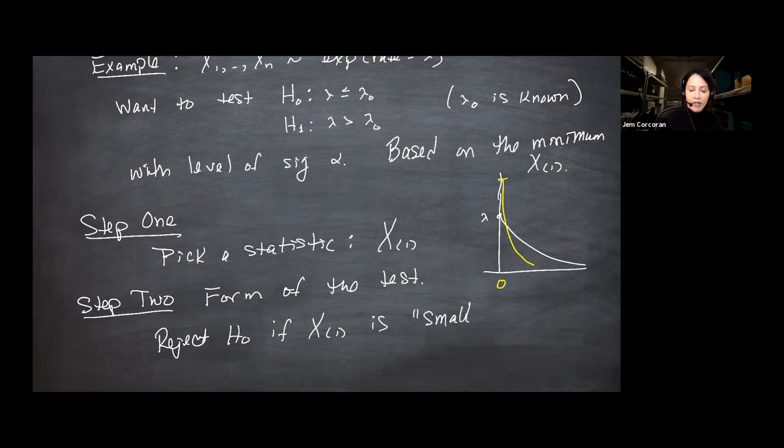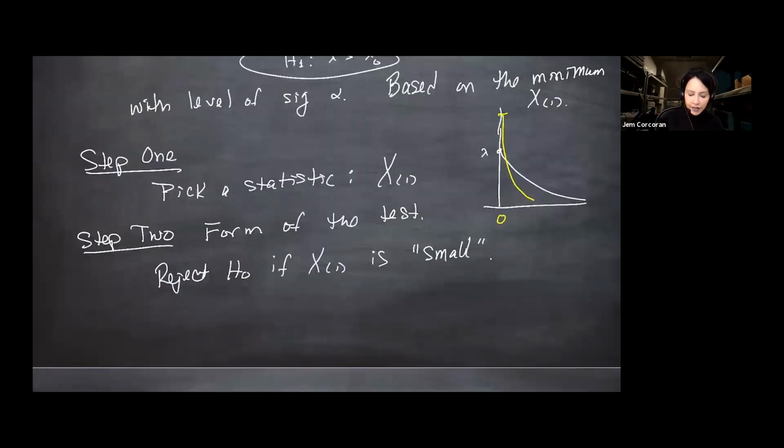And that's, again, because larger values of lambda will give you smaller values of the data. So if I had based this test on the maximum or the sample mean, the form of the test would still be the same, because the larger lambda is, the smaller all values coming out of that distribution are. The maximum is smaller than it would be with another lambda in the null hypothesis, the sample mean, everything like that.